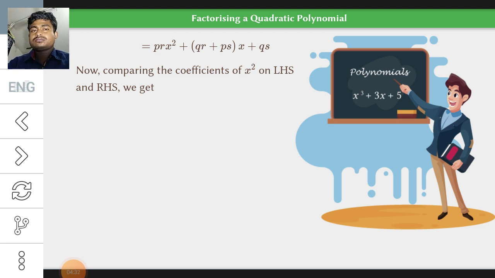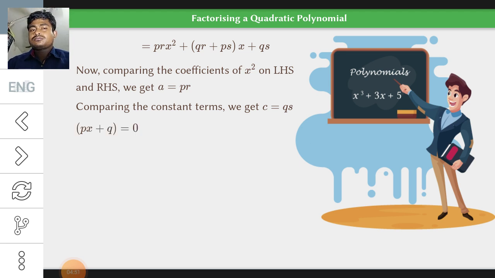Now, comparing the coefficients of x squared on LHS and RHS, we get a is equal to pr. Comparing the constant terms, we get c is equal to qs. We then check the 0 of the first factor, px plus q is equal to 0, so x is equal to negative q by p.